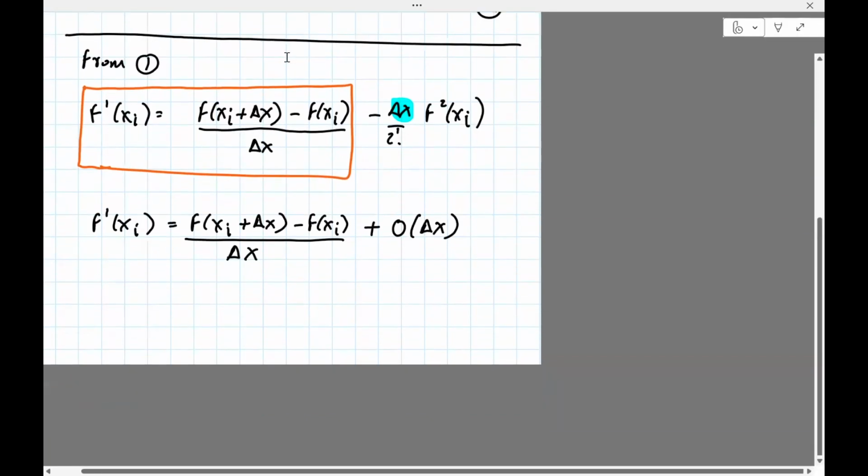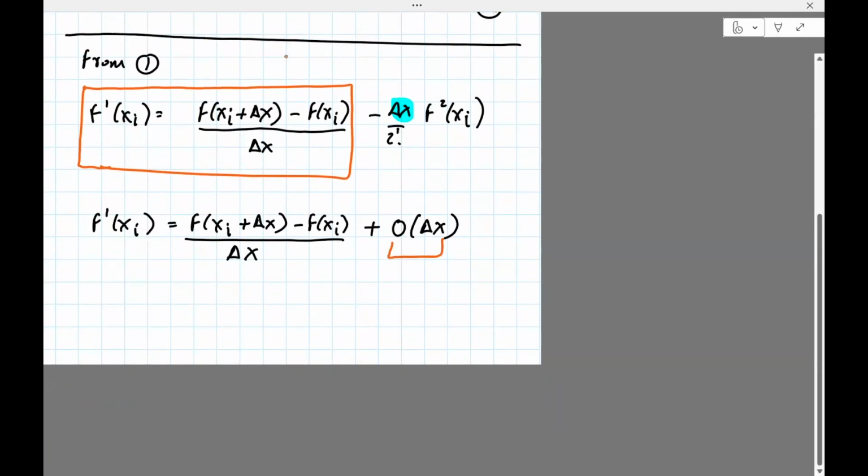Okay, so this thing here is a new notation. It basically indicates terms of order delta x and more, which means that it'll have delta x squared, delta x cubed, and so on.